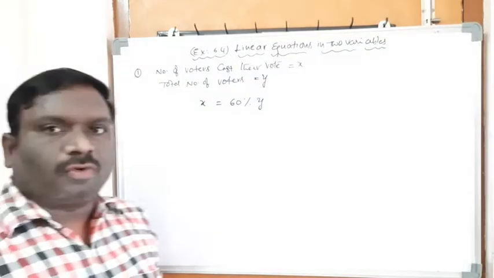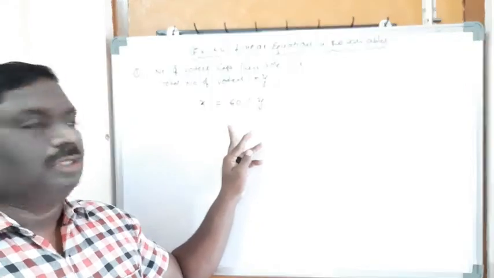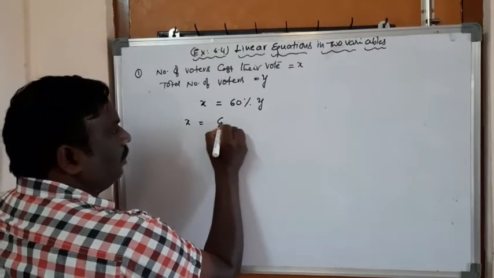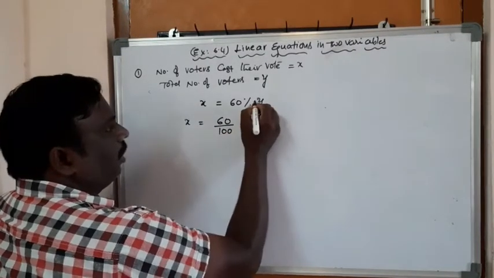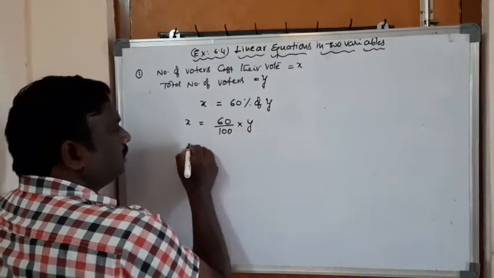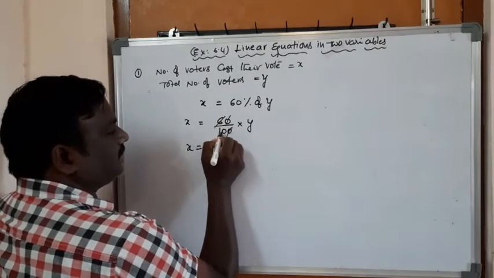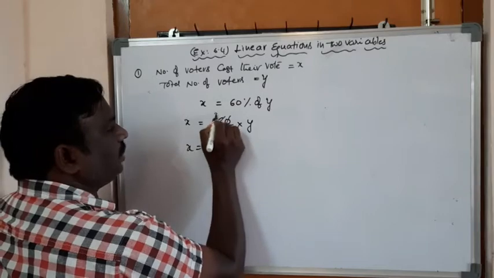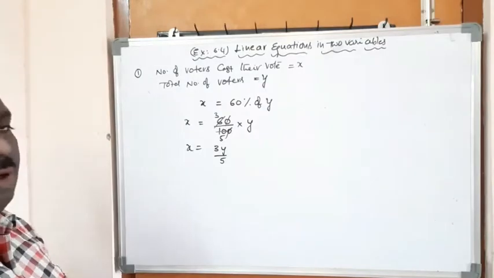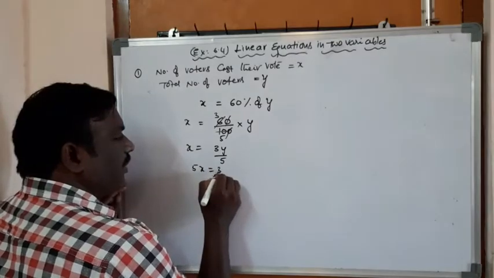Y. So X equal to 60% of Y. Percentage means 60 by 100, of means multiplication, Y. So X equal to 60 by 100 Y. 0 cancels, then cancellation 3, 6 and 5, 10. 2 5s are 10, 2 3s are 6, so 3Y by 5. X equal to 3Y by 5. So this is the equation, or 5x equal to 3y.